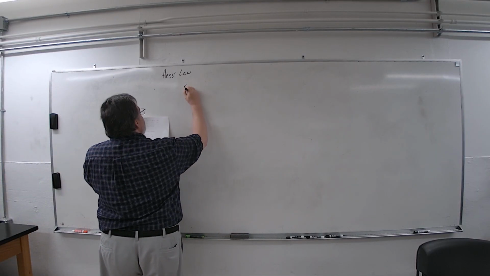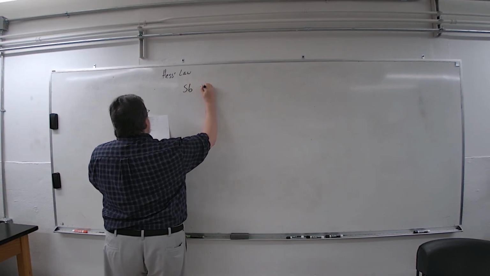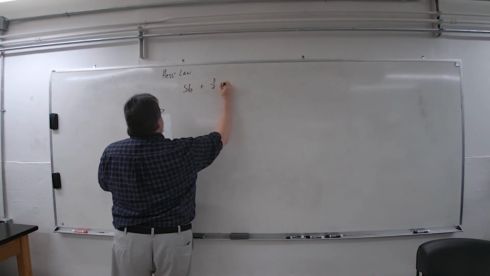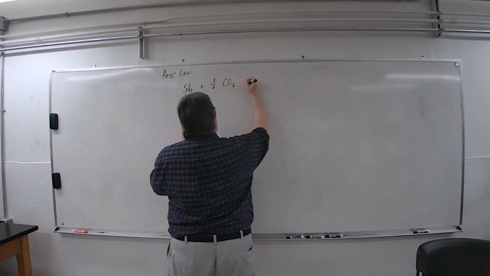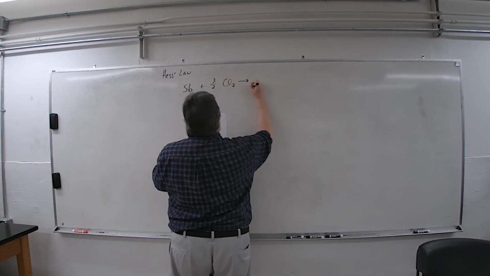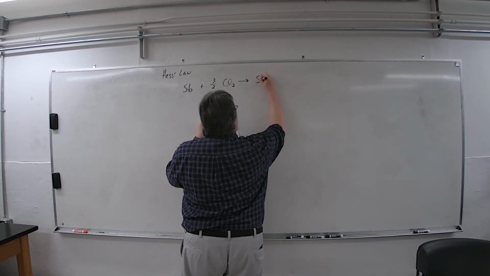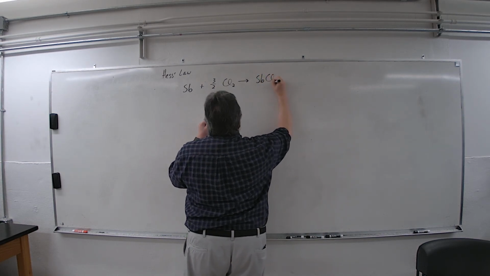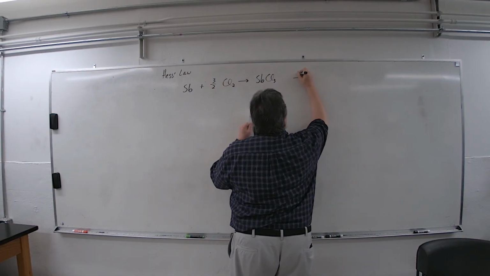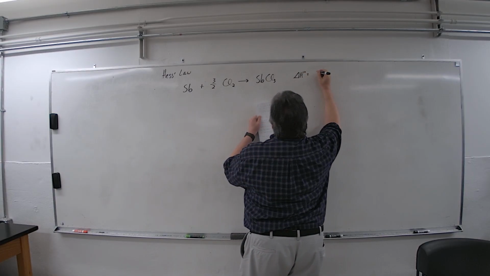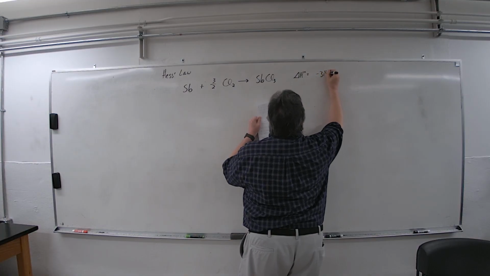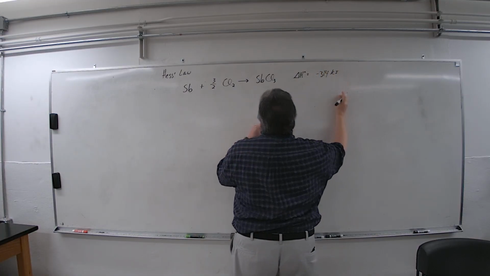So here's a reaction: Sb plus 3 halves Cl2 yields SbCl3. You're given delta H equals 314 kilojoules.